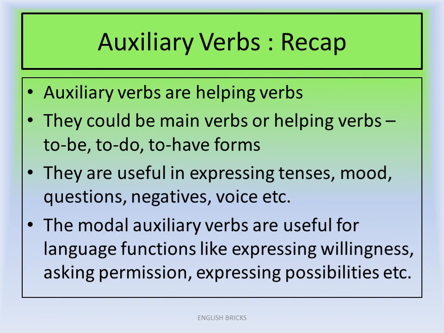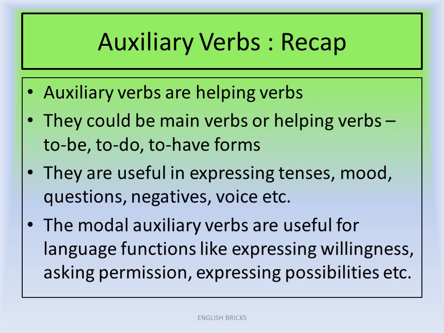So let us have a quick recap of what auxiliary verbs are. Auxiliary verbs are helping verbs. They could be main verbs or helping verbs. And which are these? They are the to be, to do, and to have forms alone.